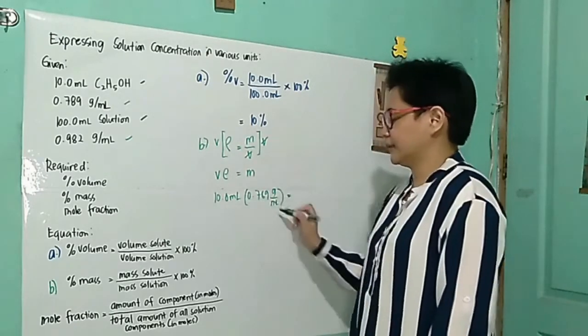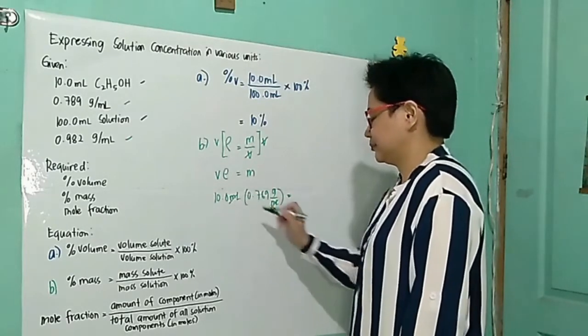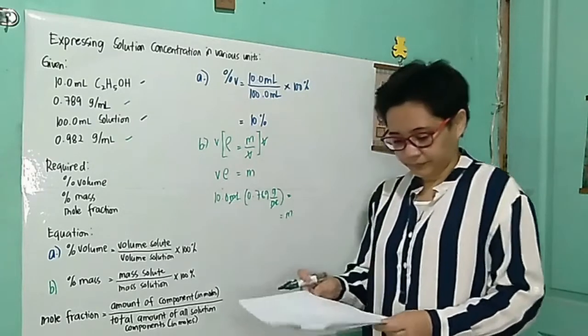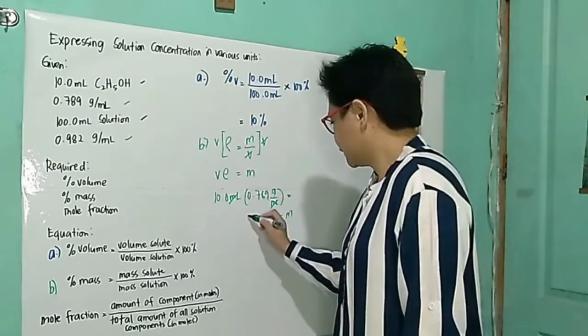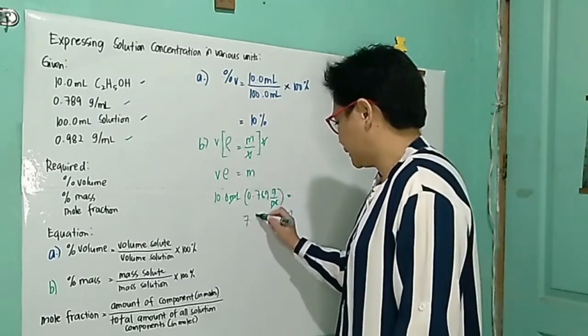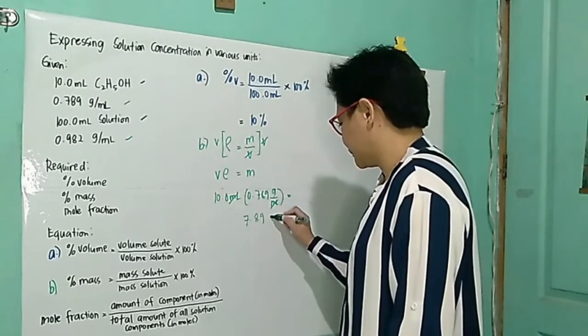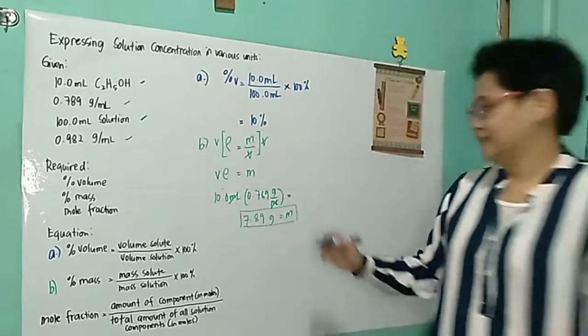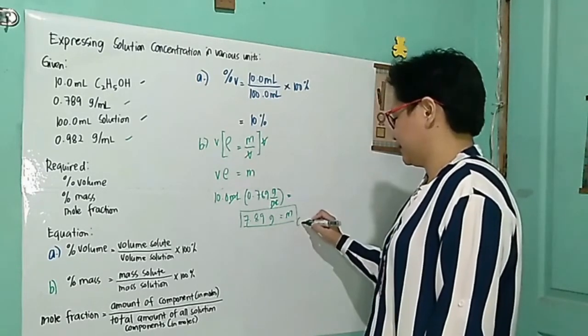So, milliliter will cancel out. Mass now is equal to 7.89 grams. This is for ethanol.